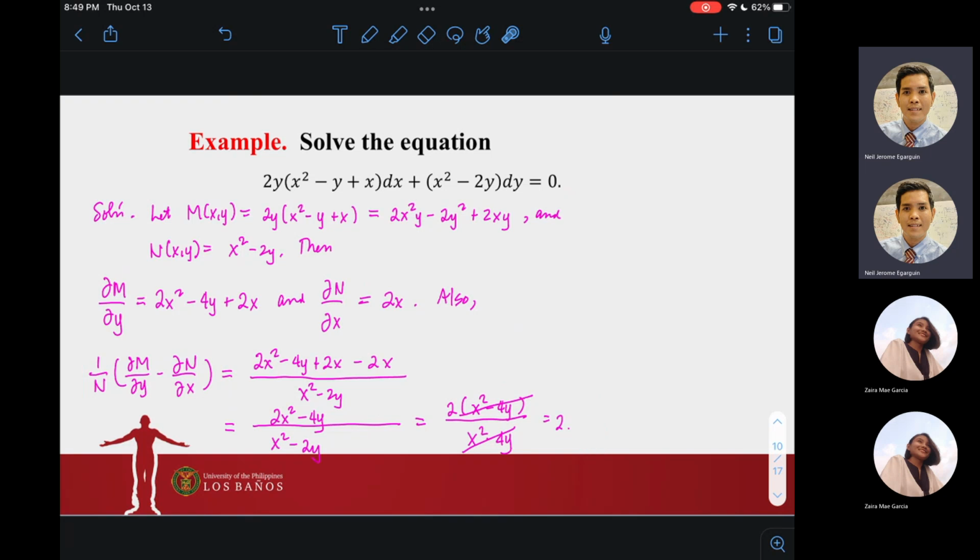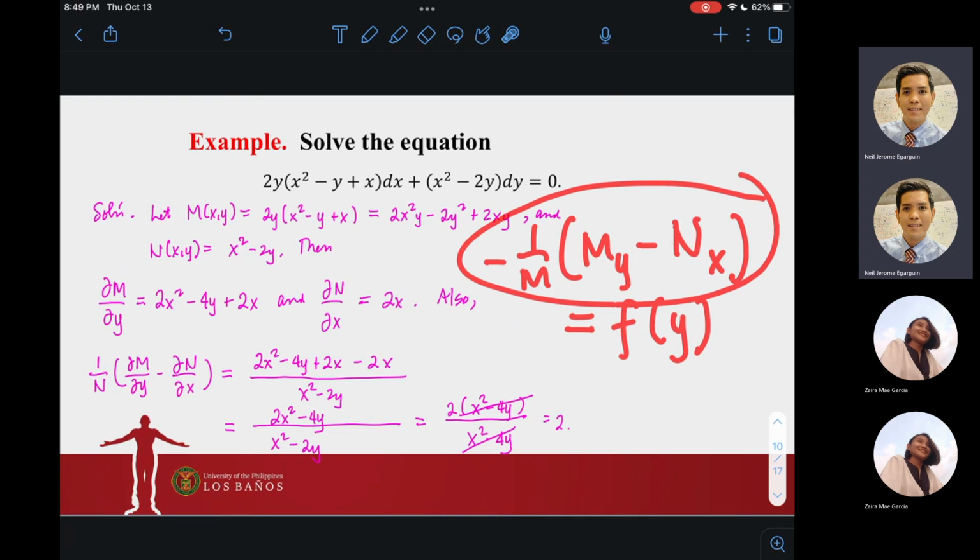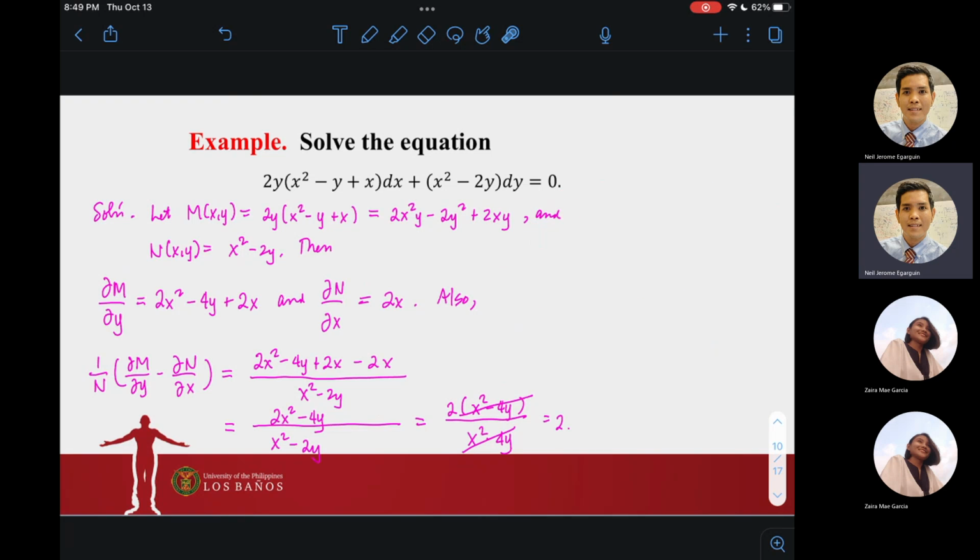Pero kung ang chinek mo ay -1 over m times partial ni m with respect to y minus partial ni n with respect to x, doon ka naman papasok sa case number 2. Ang gusto mo ito ay mangyari ay function lamang siya ni y. Tapos ito, i-integrate mo siya with respect to y. Okay? So sana clear yung cases, all right?